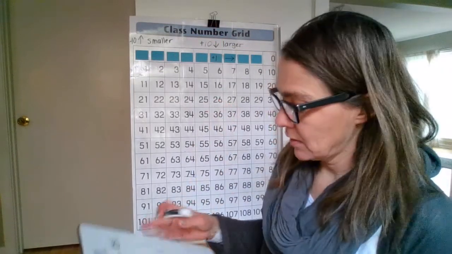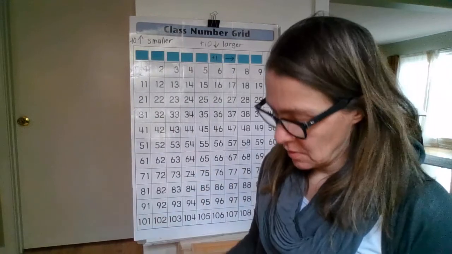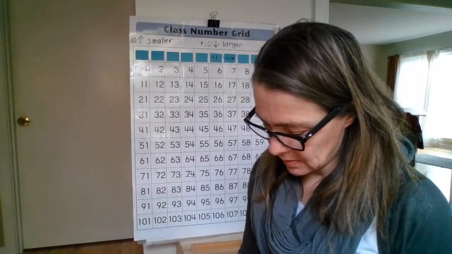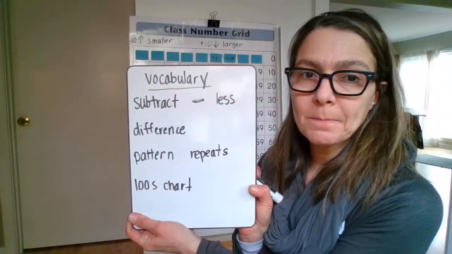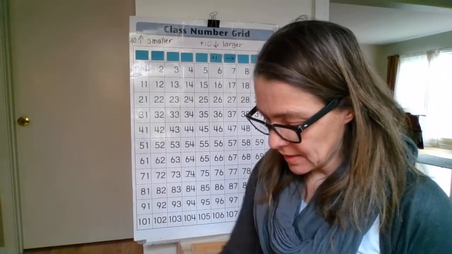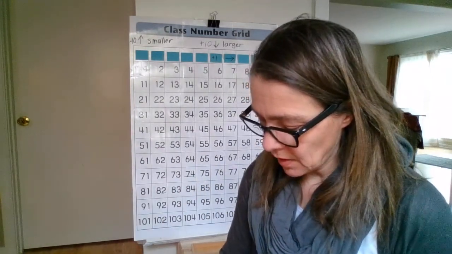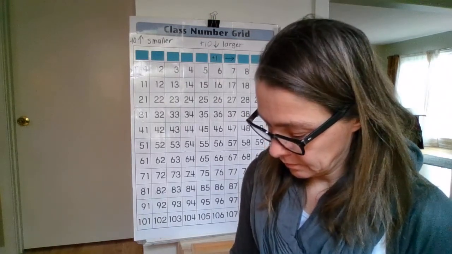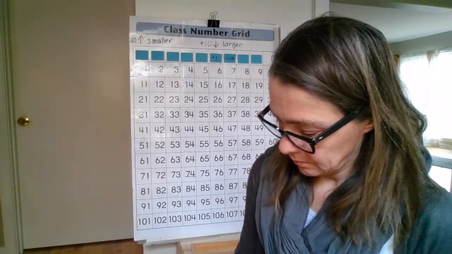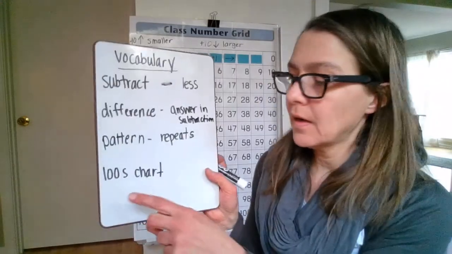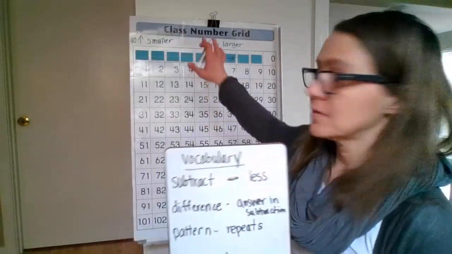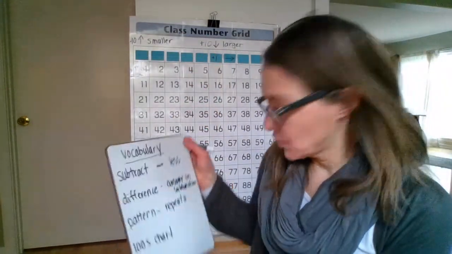And this is your hundreds chart. Pattern repeats. Difference is the answer. It's the opposite of a sum. And a hundreds chart is a visual representation, a number line that's grouped into tens.